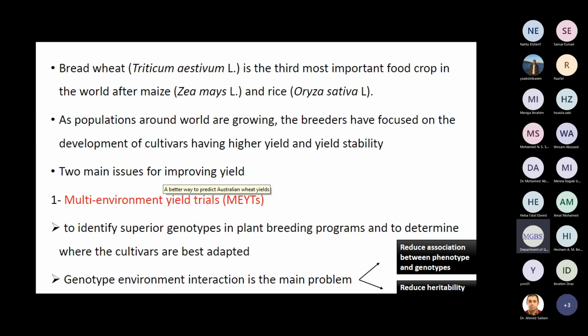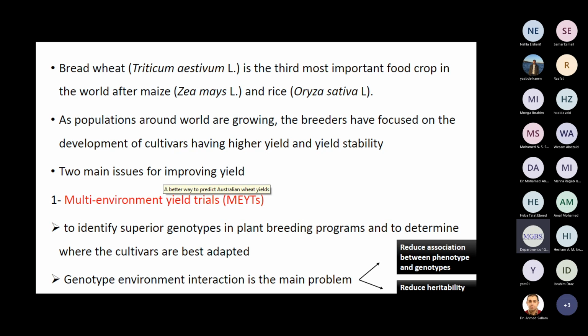We have two main issues for improving grain yield. The first one, multi-environment yield trials. So we have to test wheat genotypes in more than one location and in more than one year. Why? To identify superior genotypes in plant breeding programs and to determine where the cultivars are best adapted.